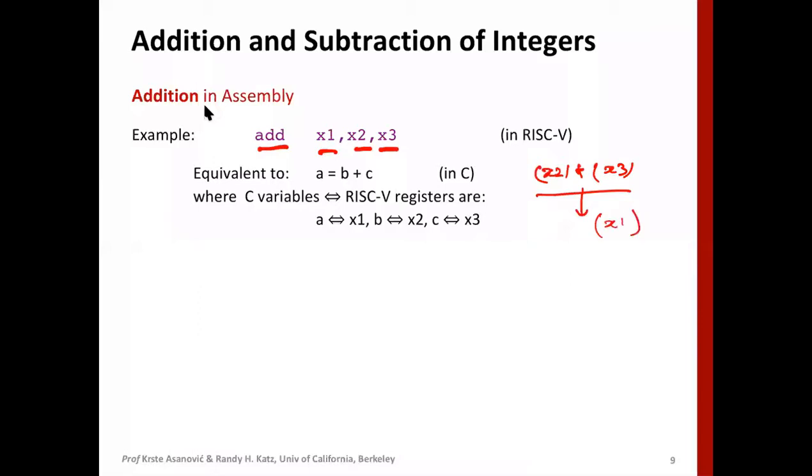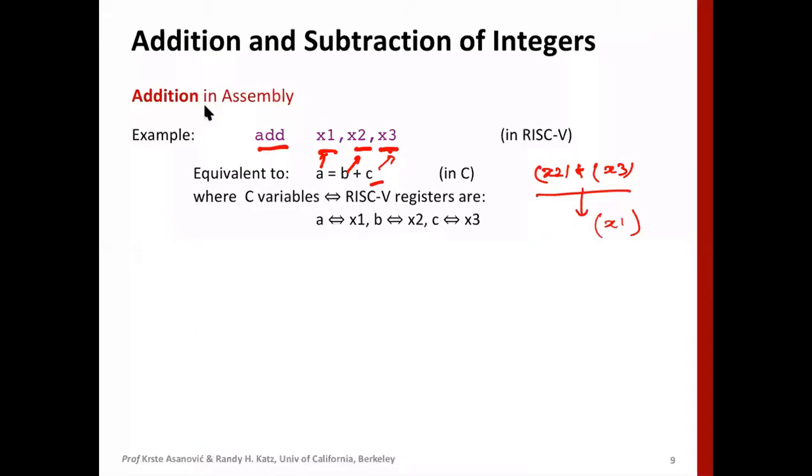So x1, x2, x3 are registers. The equivalent of that in C is A equals B plus C, where C is mapped to register x3, B is mapped to register x2 and A is mapped to register x1.